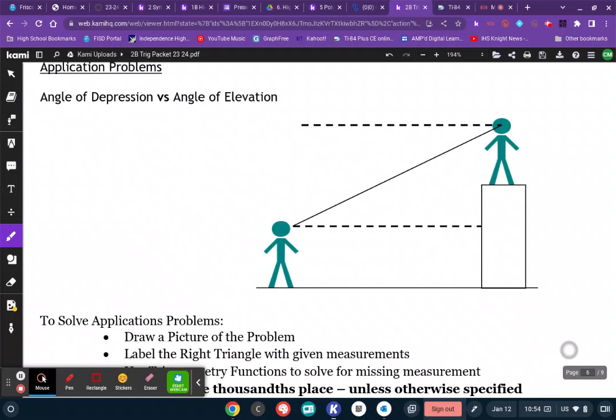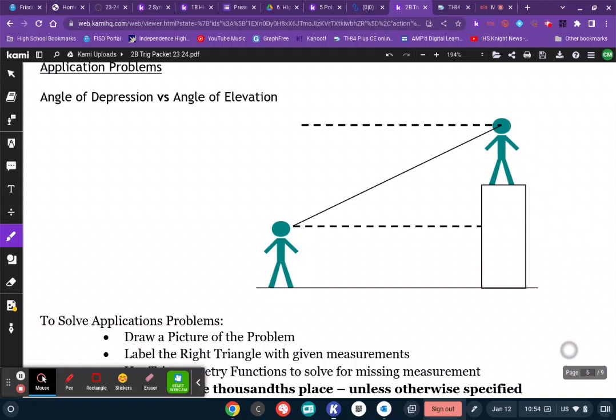Again, this is an example of how we're pulling in geometry and combining it with algebra, which ultimately gives us the topic called trigonometry. And so we just need to remember a few things. Angles of elevation and depression are basically forming right triangles based upon the line of sight.